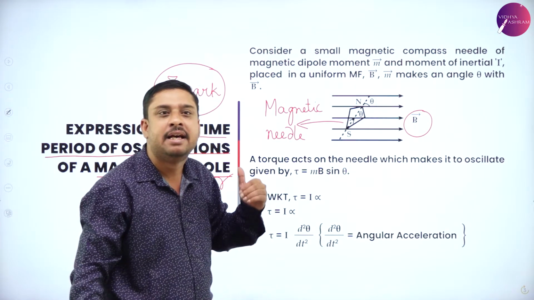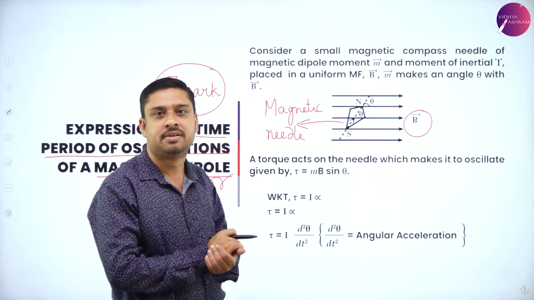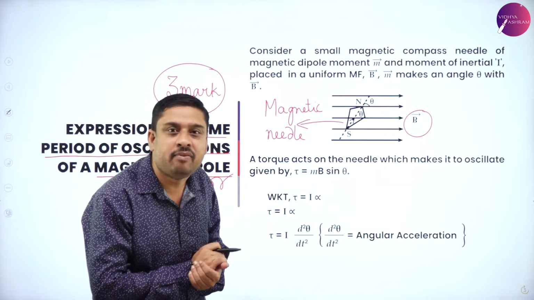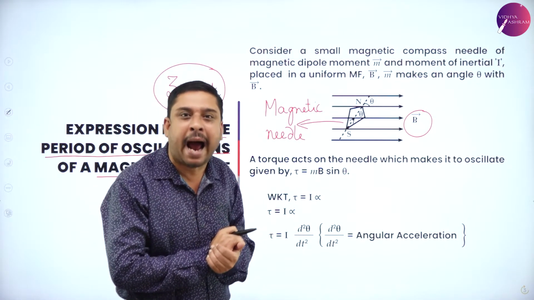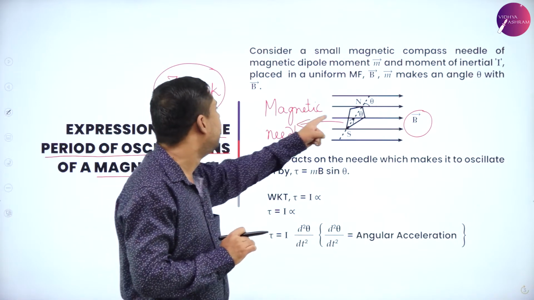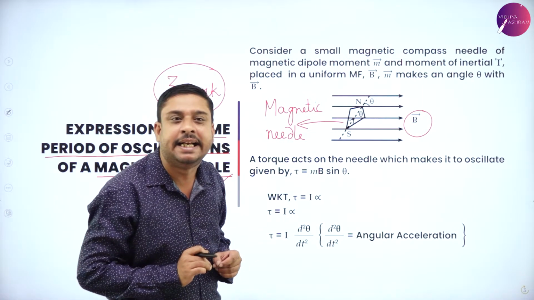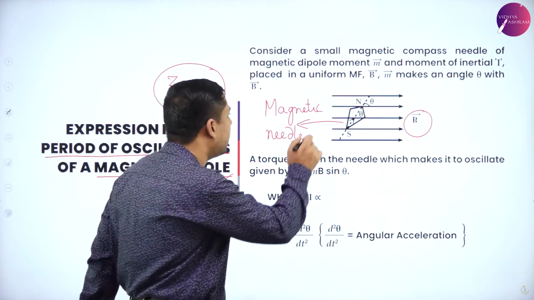So B represents the strength of the magnetic field in which the needle is placed.